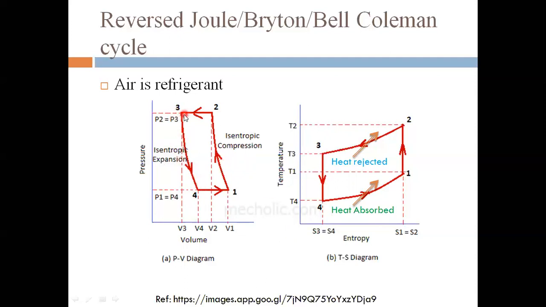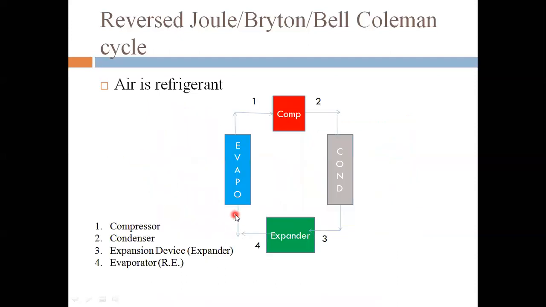We already discussed that in the expansion, the pressure is reduced as well as the temperature is reduced. This is the temperature reduction. Then it goes to the evaporator. In the evaporator, as we already discussed, the refrigerating effect is produced by evaporating the refrigerant.